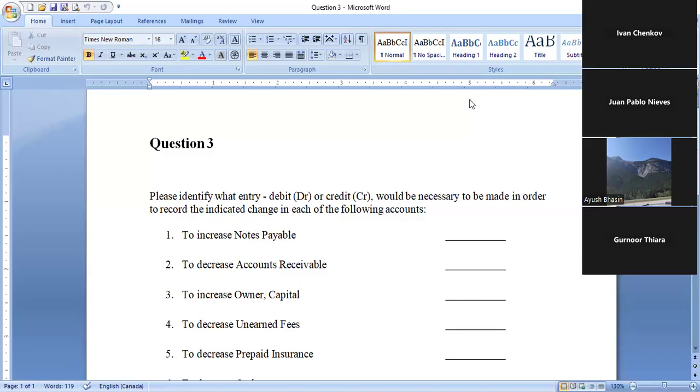Usually it can happen, but there are other things that can also increase the assets, and it doesn't always have to be owner's capital. It can be a liability. A liability can also increase an asset. We're going to see that going forward. So let's go with unearned fee. That's a liability account, correct? How can I decrease a liability account then?